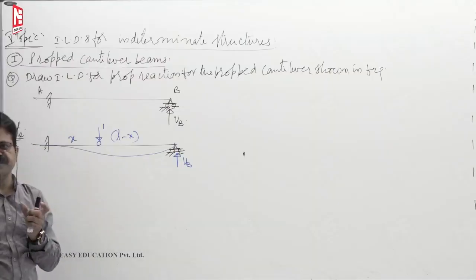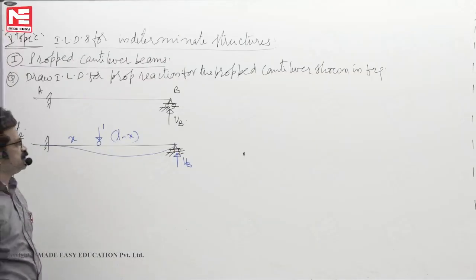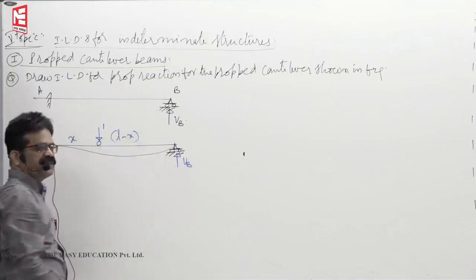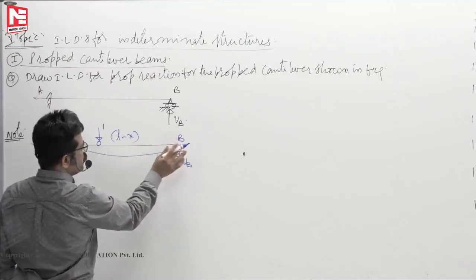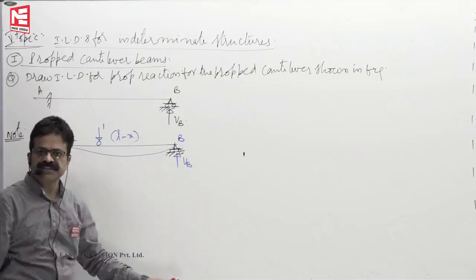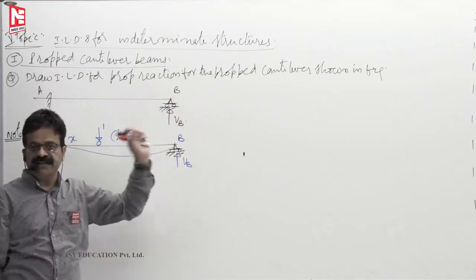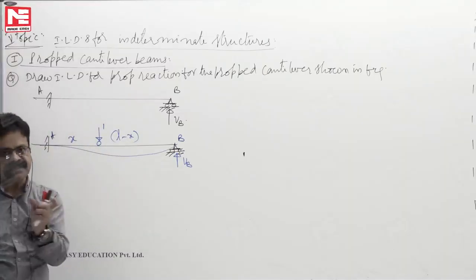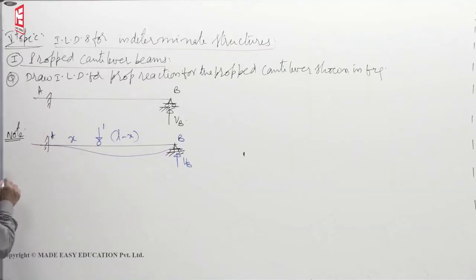A relationship between the deformations to maintain the continuity of the structure. So from that it will tell that deflection at B is 0. First we will assume that VB is not there. Due to 1 alone, what is the downward deflection? Now 1 you remove. Due to VB alone, what is the upward deflection? Net deflection has to be 0. Then from that compatibility condition, you will get the reaction VB.